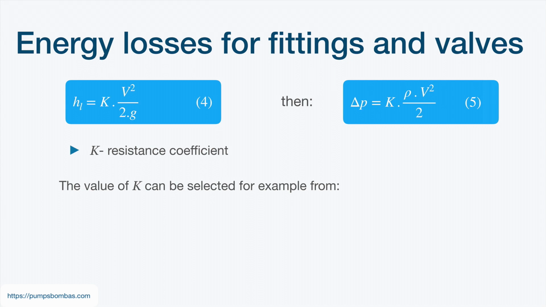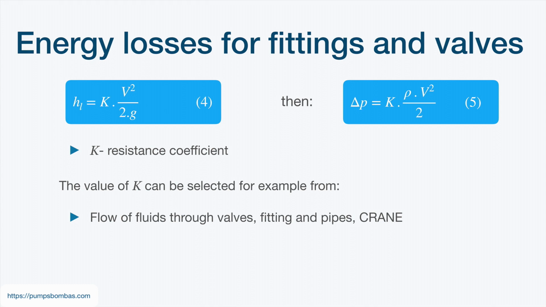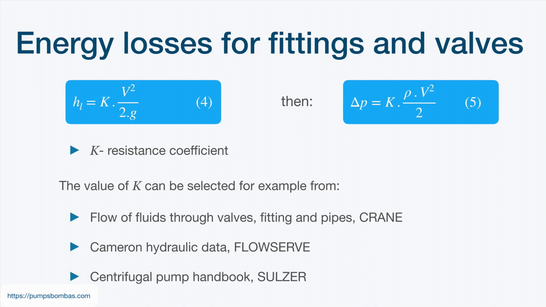The value of K can be selected, for example, from the documents or books that I mention here: Flow of Fluids Through Valves, Fittings and Pipe. This is the most known, the most famous, Crane. Also very popular, that many people use, is the Cameron Hydraulic Data from Flowserve. And another, I think that is also good to keep in mind and to use for this, is the Centrifugal Pump Handbook of Sulzer.